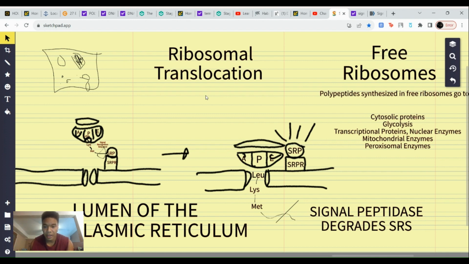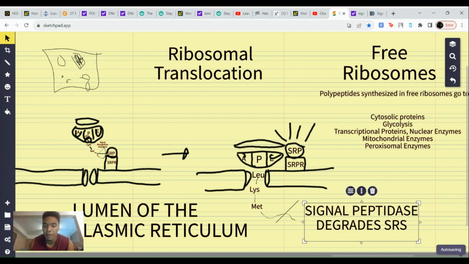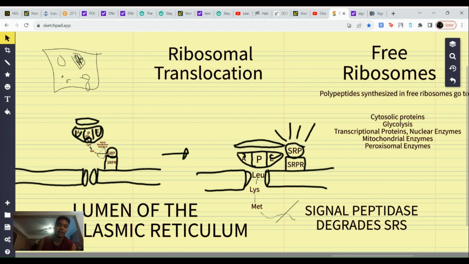So just remember that. The ER makes secretory proteins and proteins that are destined for the membrane. There we go. Okay.